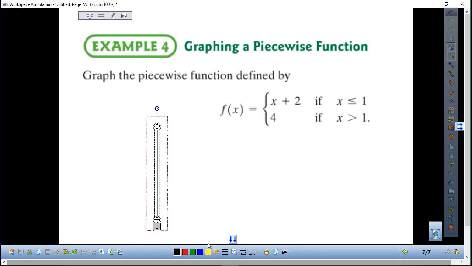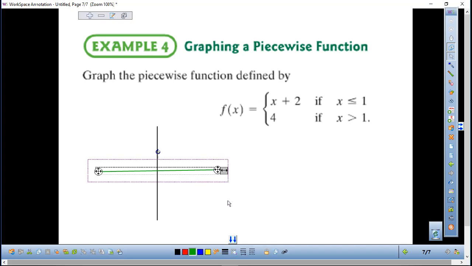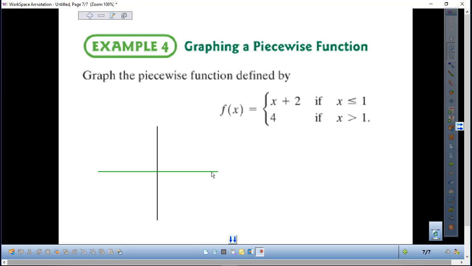Well, guess what? Life's not defined by one single graph for all time. It's going to change as well. And that's why piecewise functions are important. Things are going to change, and when they change, it's going to behave more like a piecewise function.